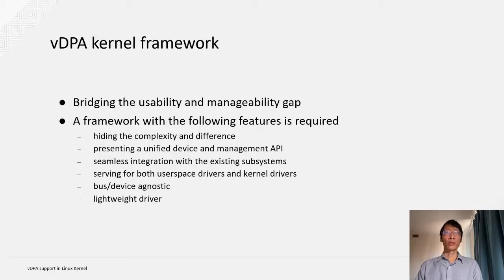It also tries to present a unified management API to simplify the task for the upper layer stack. And it will try its best to be integrated seamlessly with all the existing subsystems, which means it will try its best to reuse the code in both kernel and user space applications.